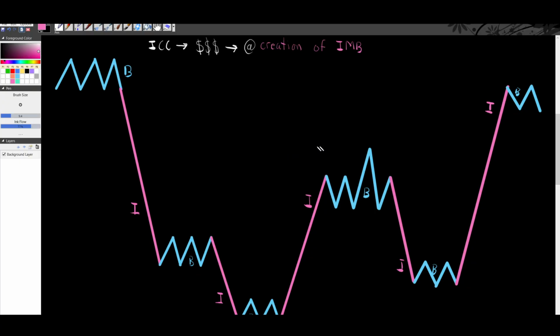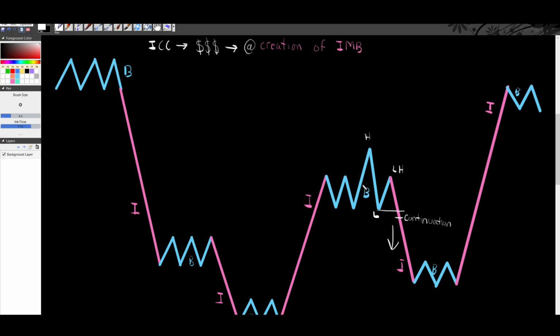So what does that look like? For example, we have a high right here, a low right here, a lower high, price breaks that low, closes here, and then now this is the continuation of this price leg to the downside.